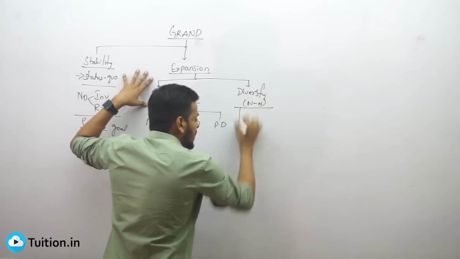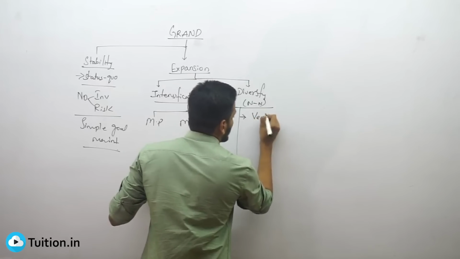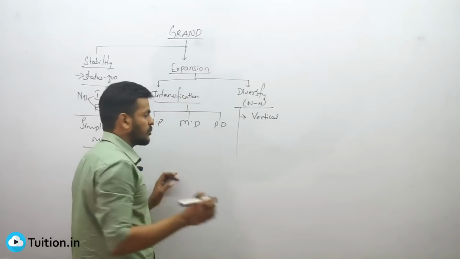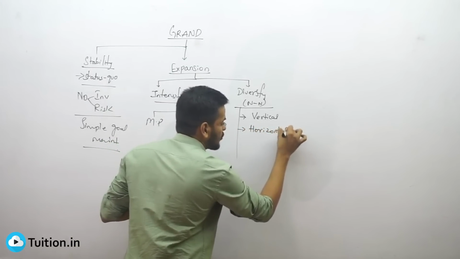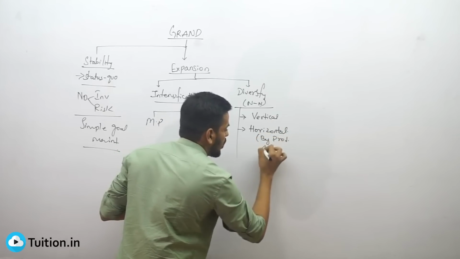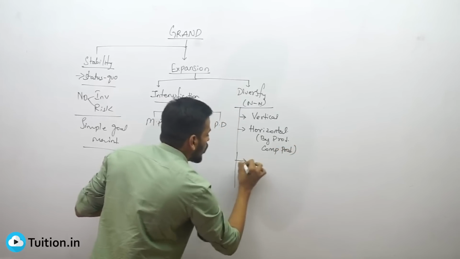In terms of diversification, we have 4 types. Vertical diversification, that means getting into the same business at a higher scale or acquiring a smaller business. Horizontal diversification, where you are going to acquire maybe a byproduct or a complementary product, and you are entering into those businesses. Then comes concentric diversification.